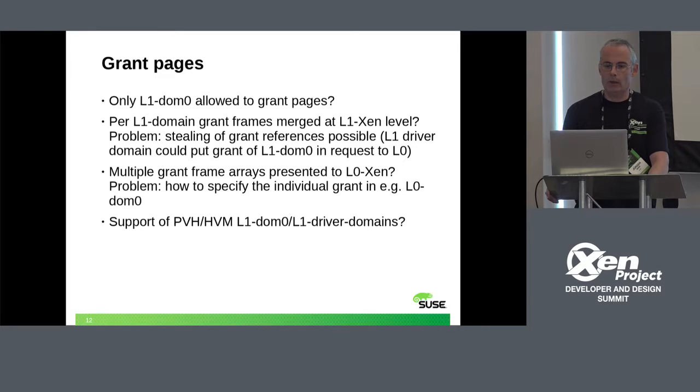But a level 1 PVH domain will use its own guest frame number, and at level 0 the information how to translate that to a level 0 frame number isn't known, so that's not very easy to do.